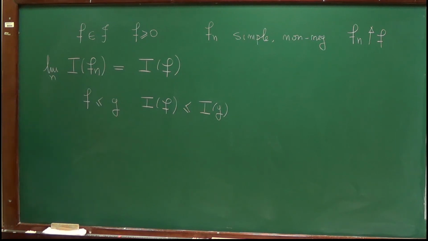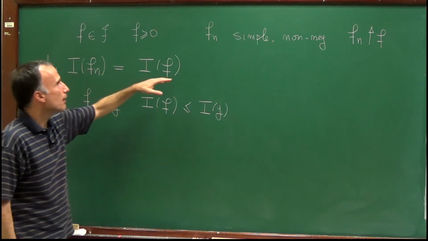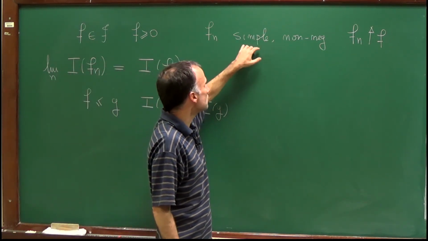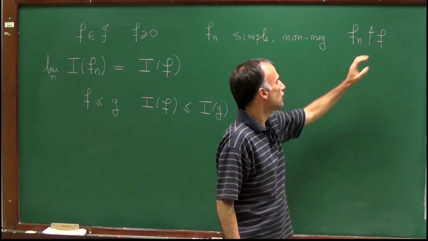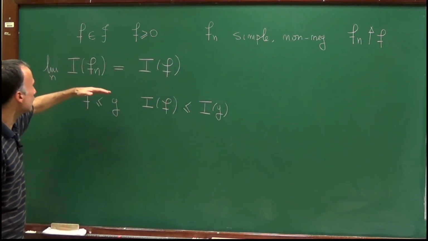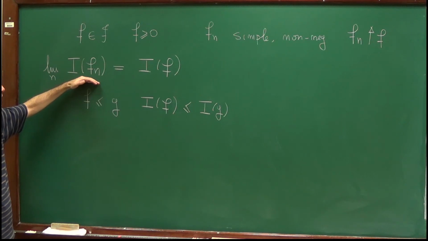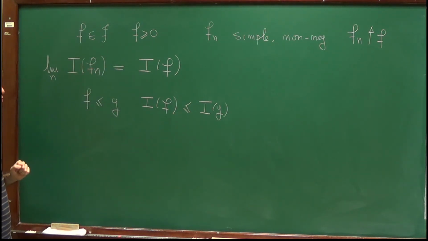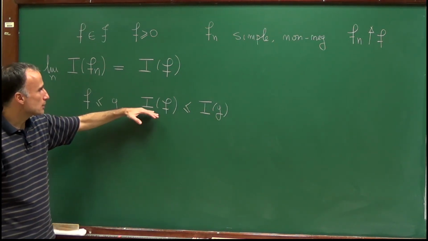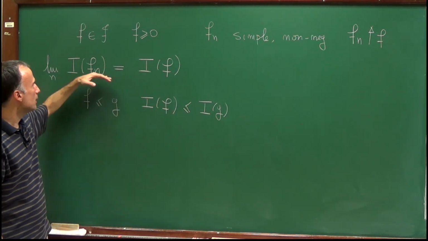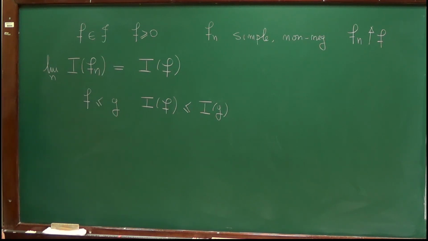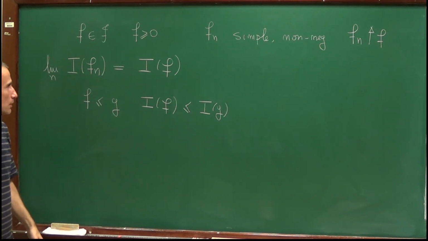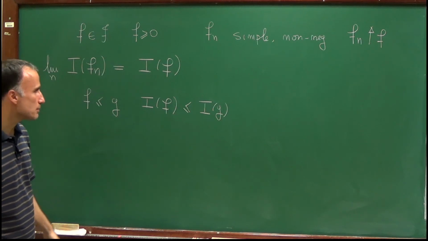Right? But of course, it's conceivable that there is another sequence, g_n, which also is formed by non-negative simple functions which increase to f. So my second claim is that this limit does not depend on the chosen sequence. So first let me show this inequality, and then let's prove that this limit does not depend on the sequence.